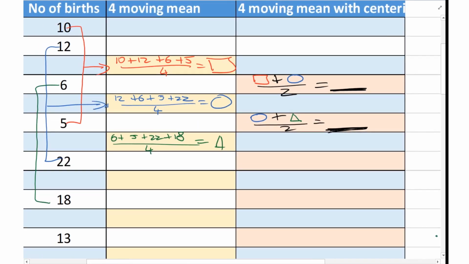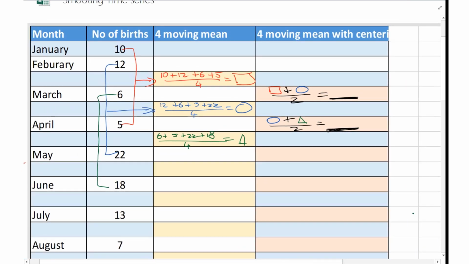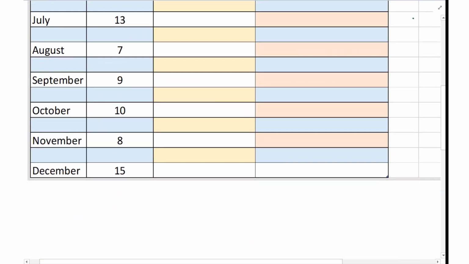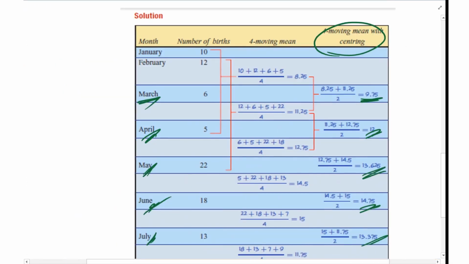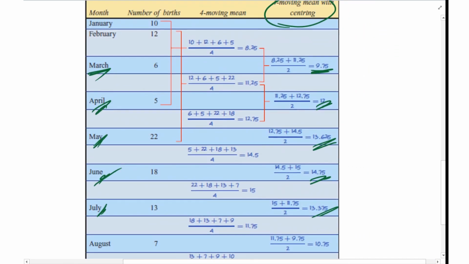And I just keep going through that and working out the 4 moving mean with centering. This part here is the centering part. The actual values, as you can see here, you would work it out and it would be 9.75, then 12.